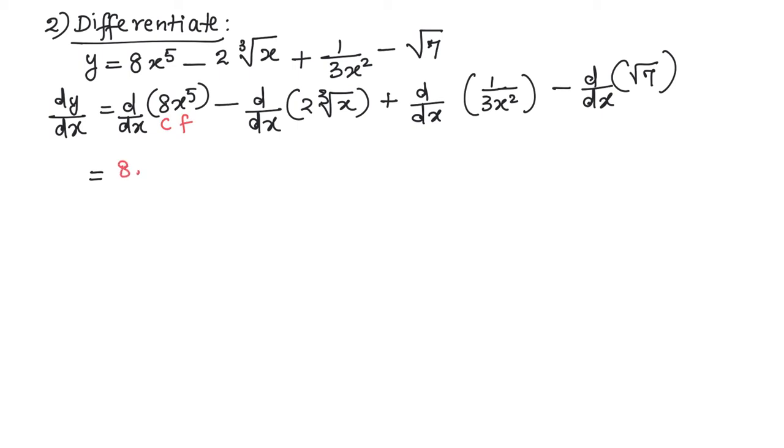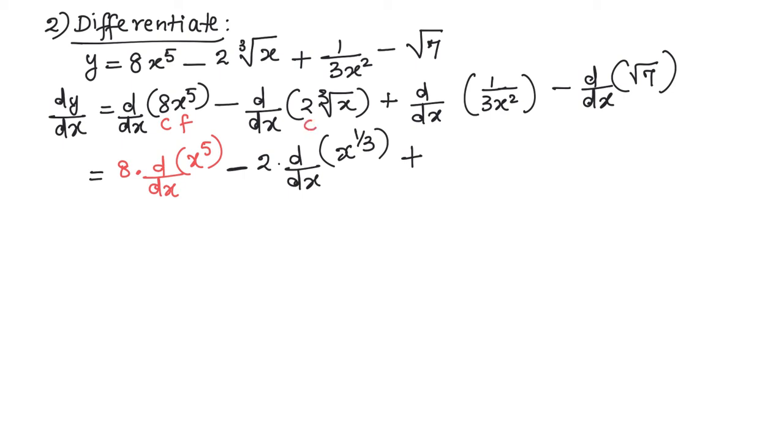So the constant is 8 times the derivative of x to the power 5. Then minus 2 is a constant, so 2 times the derivative of the function. The function is cube root of x, which I can write as x to the power 1/3. Then plus, this term is a constant and a function.